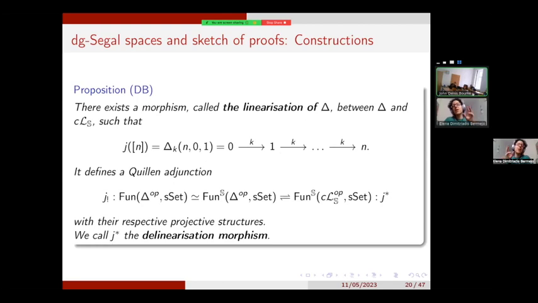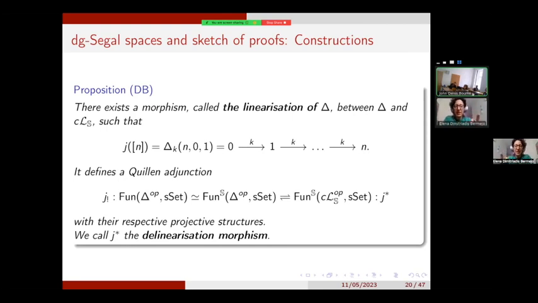For that, we have a morphism called the linearization, between Delta and our free DG categories, in which for every n, we associate a DG category with n points and the complex between every two of them being 0 everywhere except in degree 0, where it's k.